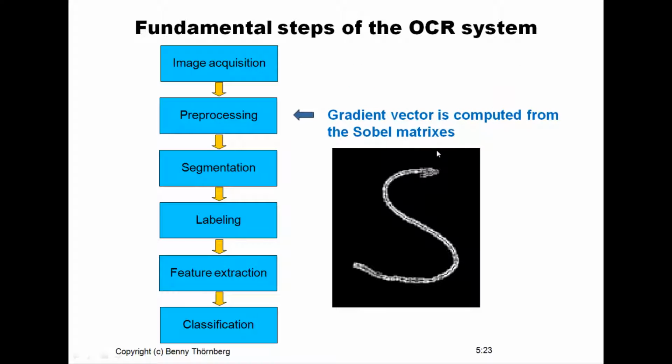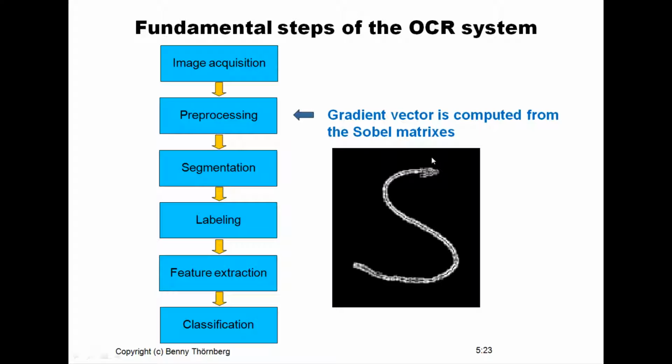The next step is that we perform pre-processing, and by pre-processing in this case we developed the gradient vector computed from the Sobel matrices. We computed both in the x dimension and in the y dimension, so that we have access to both the magnitude and also the directions. I will explain to you later on why.